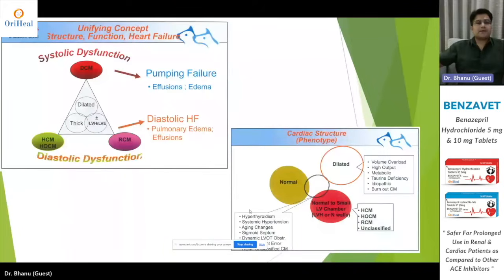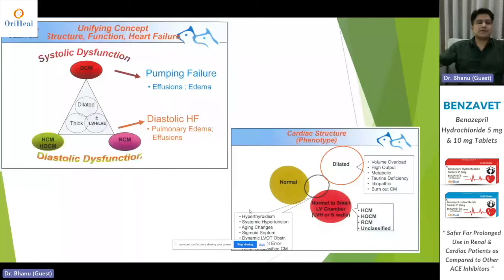This is just a diagrammatic representation of the 3 common heart conditions in cats. DCM, as we all know, is a systolic dysfunction. It's a contractile failure of the left heart. It's a pumping failure. In DCM, in a lot of cases, when they are in the advanced stage, you would have pleural effusions, you would have pulmonary edema because of left-sided congestive heart failure.